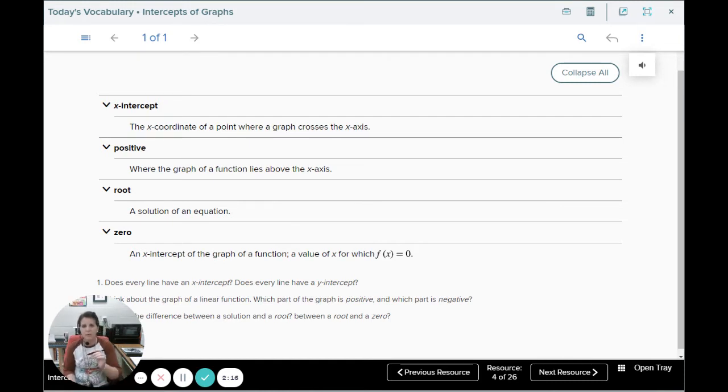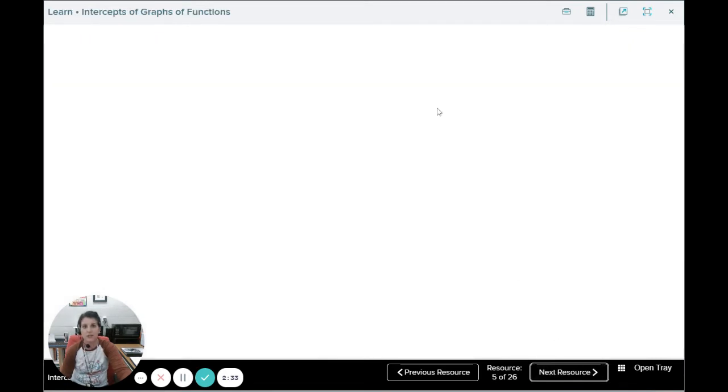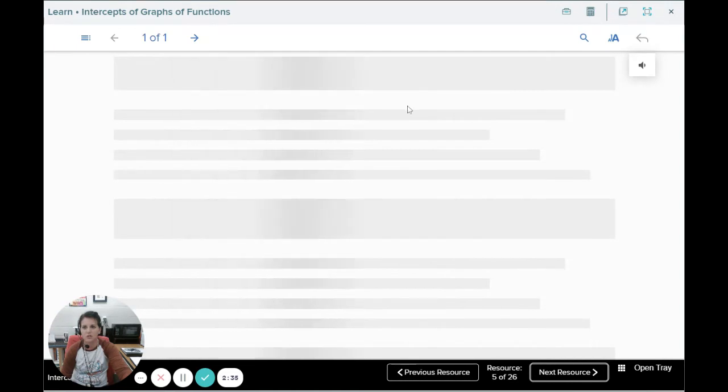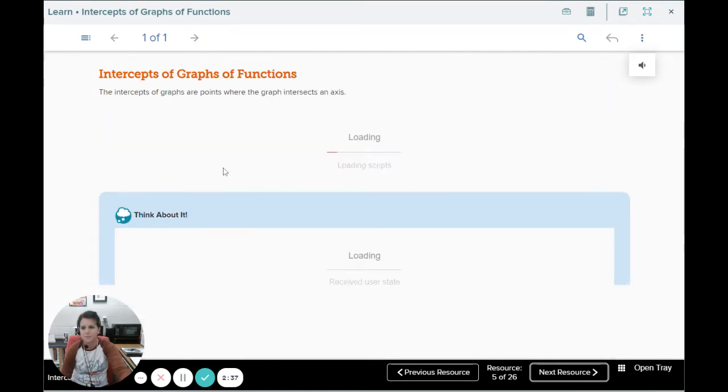We're looking at positive functions, and that's when the graph is above the x-axis. We're looking at the root, which is a solution to an equation. And when we look at the zero, that is an x-intercept of the graph. So this might not make a whole lot of sense right now, but as we progress through this, you'll start to understand this a little better.